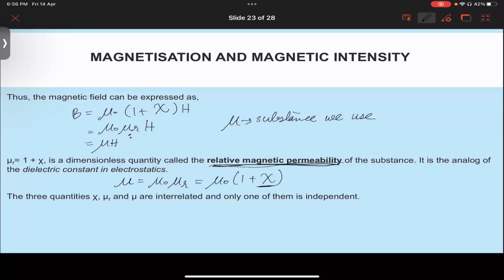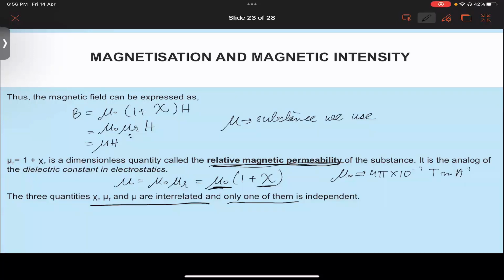We know mu 0 is equal to 4 pi into 10 raised to minus 7 Tesla meter per ampere. If we have experimentally found chi for the material, we can find mu. So the three quantities are interrelated and only one of them is independent. If one is given, you can find out the other two.